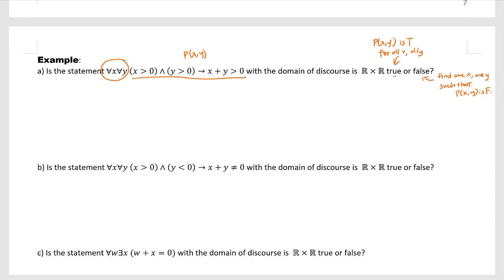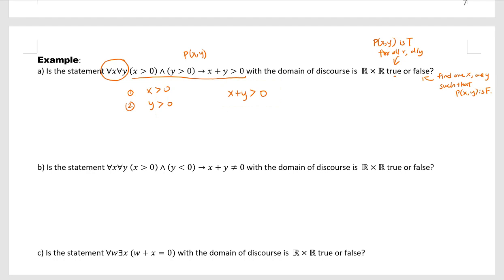So we have x greater than 0 and y greater than 0. We can add those two inequalities together, and then we have x plus y is greater than 0. We can do that since they are all greater than.